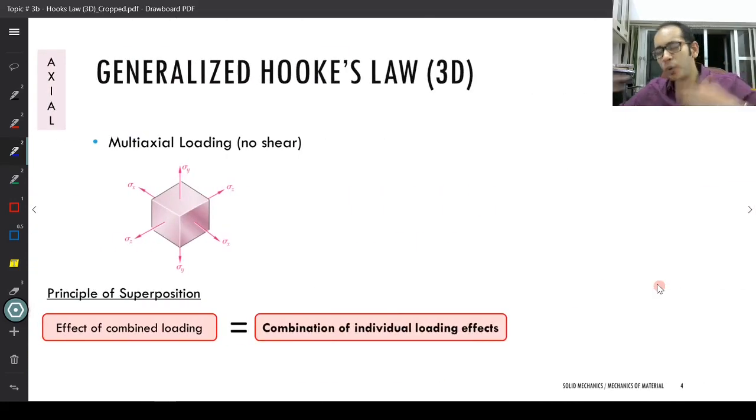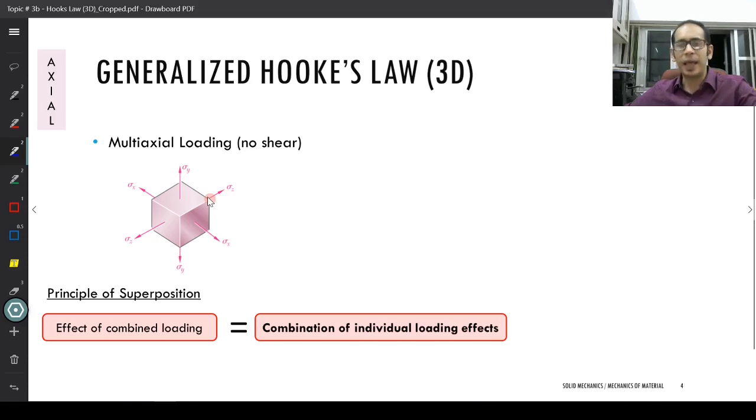So now the question is, if I have a structure, here you have those small tiny bits within the structure we are looking at, remember. If I have a structure with multi-axial loading, so instead of just having sigma x, I also have a sigma y and a sigma z over here.